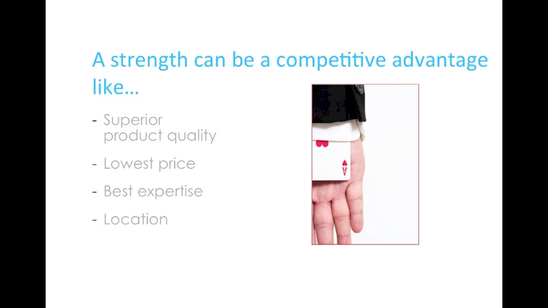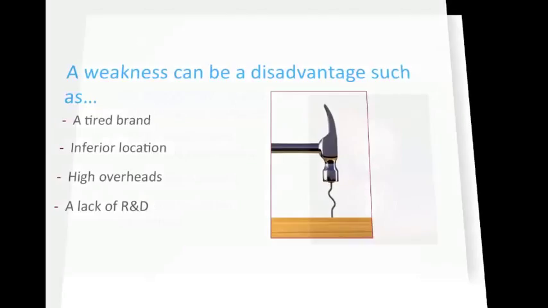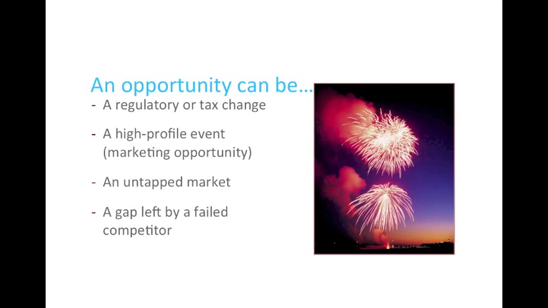All of those things can be part of your strengths. Weaknesses, you could have an inferior location, high overheads, lacking some strategic skills. You have a tired brand, an inability to move into new markets very quickly. You have long product development lead times. All these can potentially be weaknesses that could create problems.